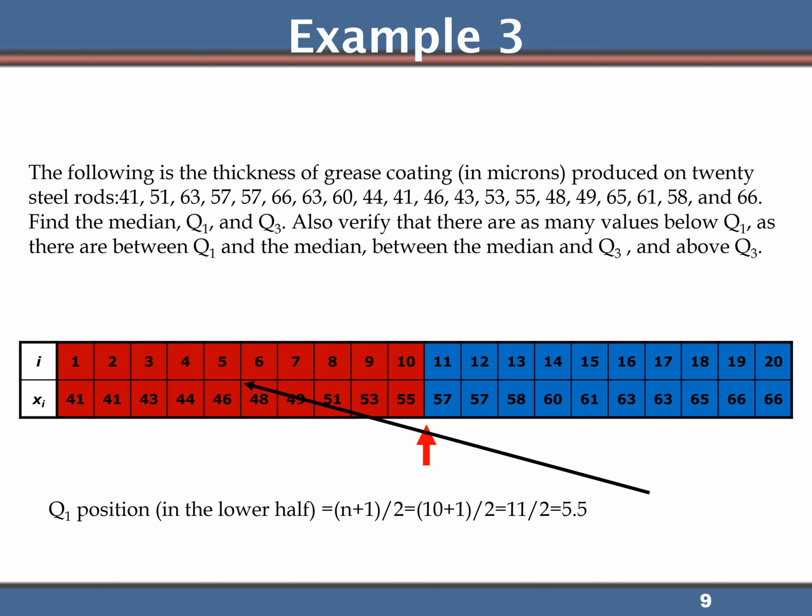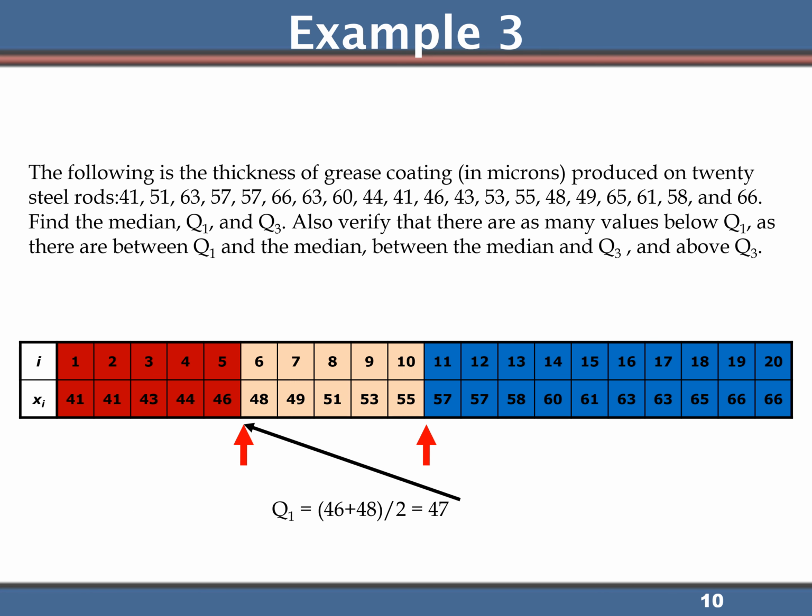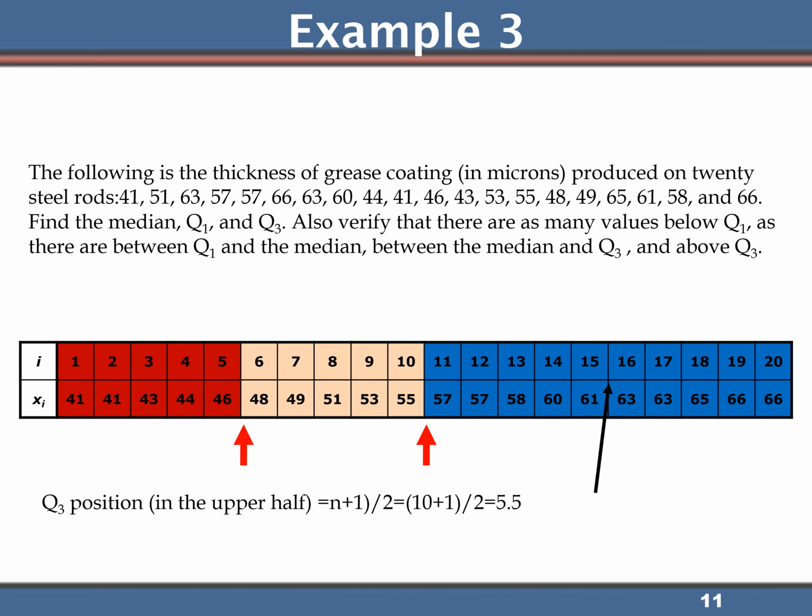The first quartile position is 10 plus 1 divided by 2, or 5.5, in the lower half of the dataset. Therefore, the value of the first quartile, q sub 1, is 46 plus 48 divided by 2, which is equal to 47 microns. The third quartile position is 10 plus 1 divided by 2, or 5.5, in the upper half of the dataset.